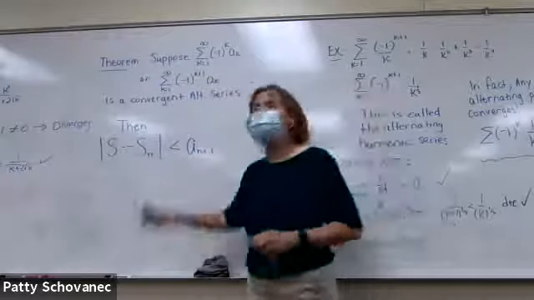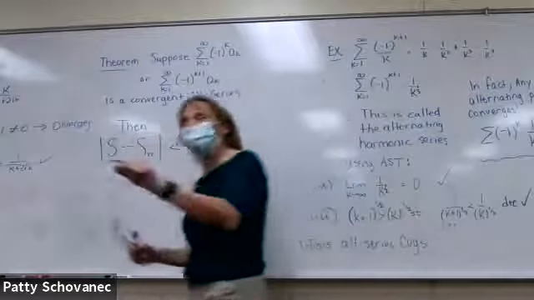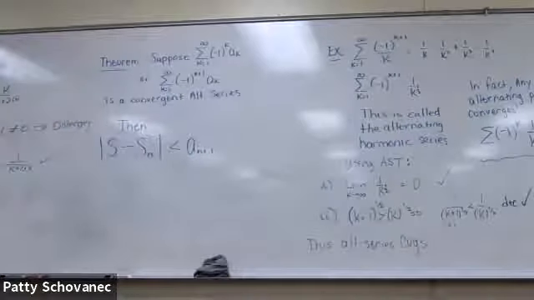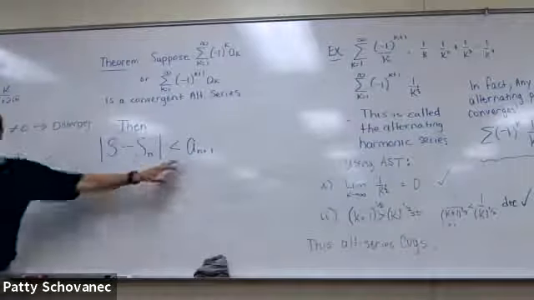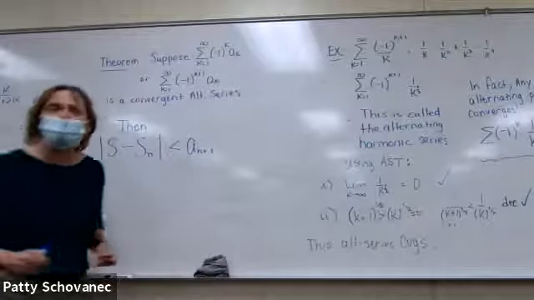So S_n represents a_1 plus a_2 plus a_3 on out to a_n, and a_(n+1) is the next term.